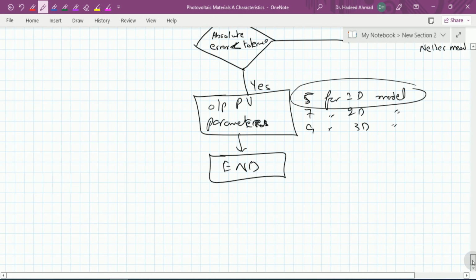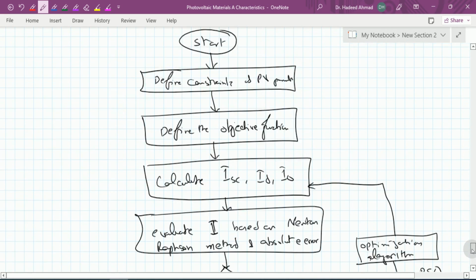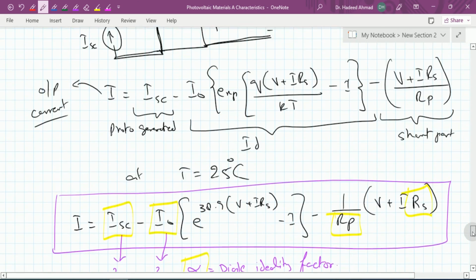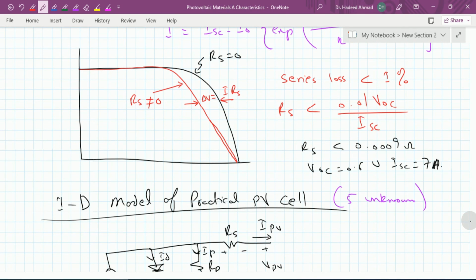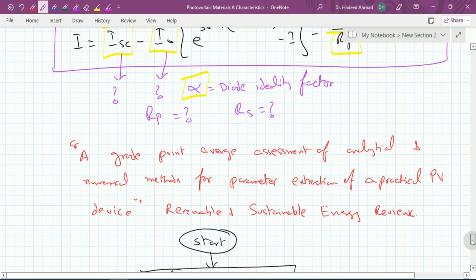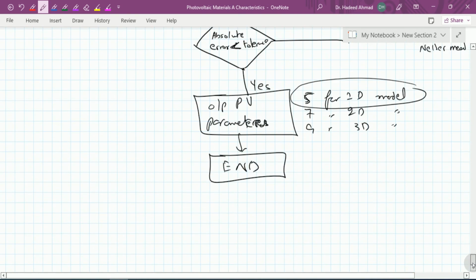We can see that the individual cell is able to produce some acceptable amount of current, but the VOC value is quite low, which we have seen is something around 0.6 or 0.7 volt per cell. Therefore, several cells are connected in series and parallel to create a module and then the array.